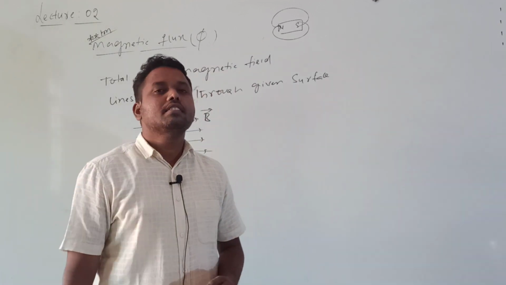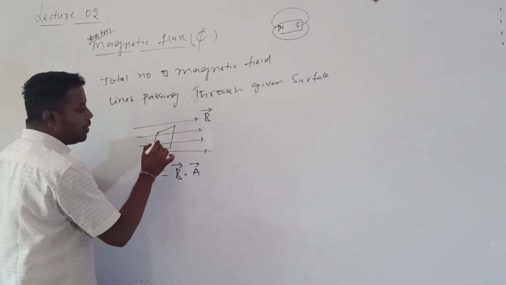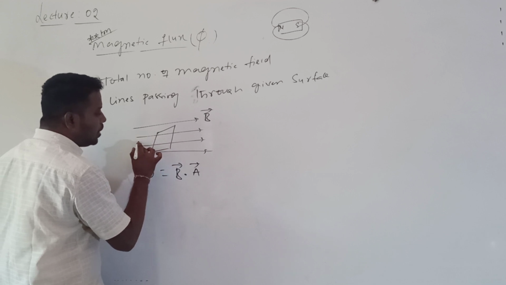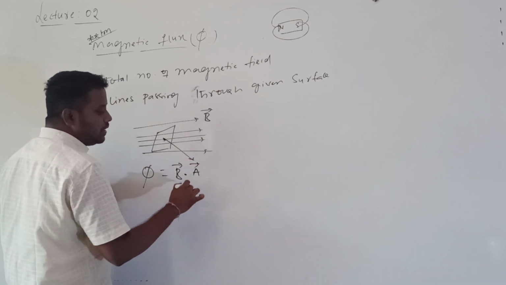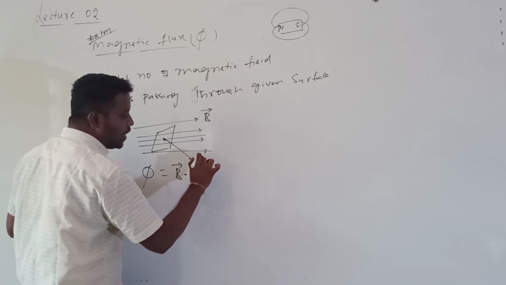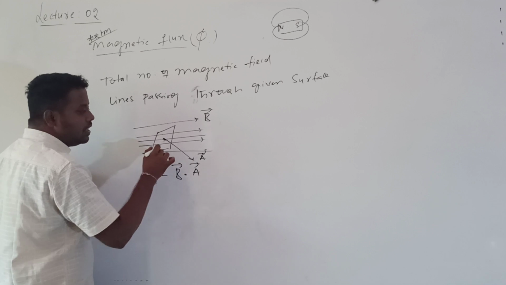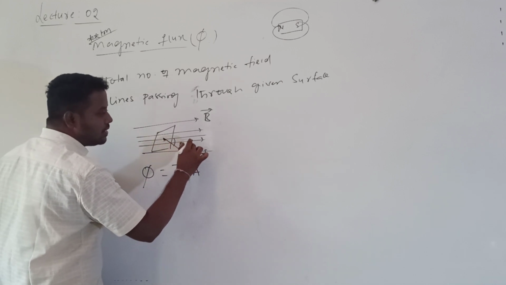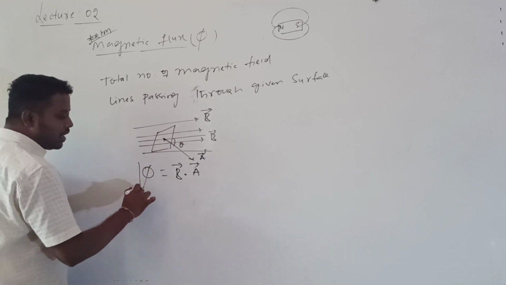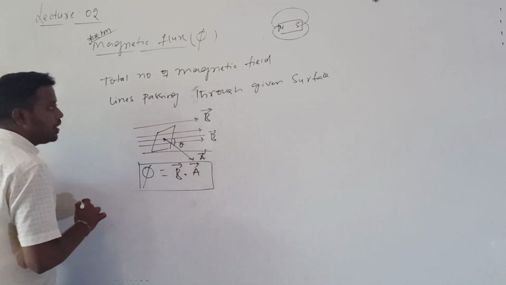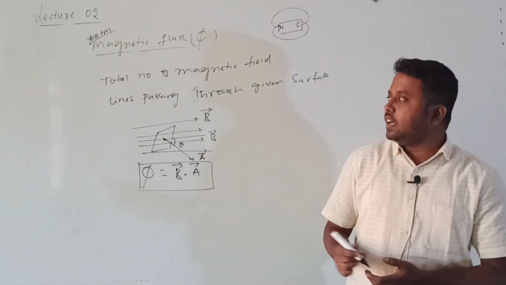If this is our given area, and I draw a normal to the area, this normal gives the direction of the unit vector or area vector, and theta is the angle between B bar and A bar. Then magnetic flux can be measured by the dot product of magnetic field induction and area vector.